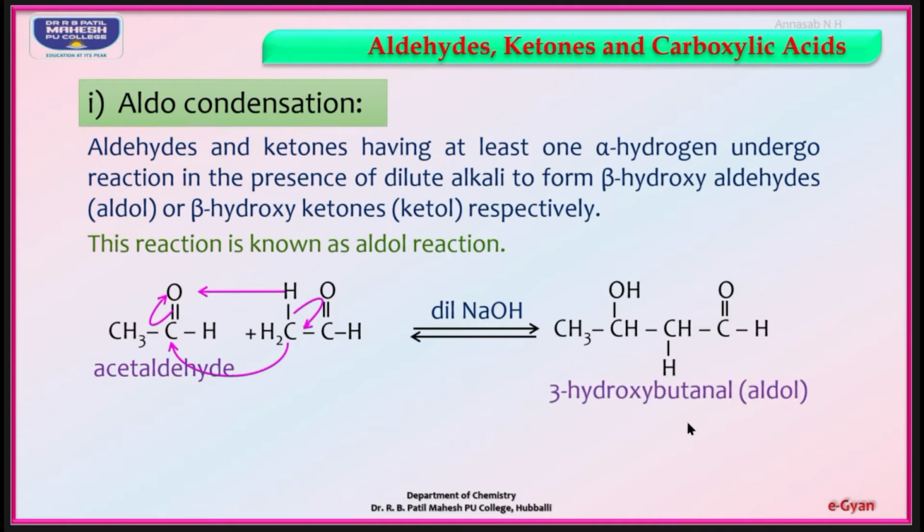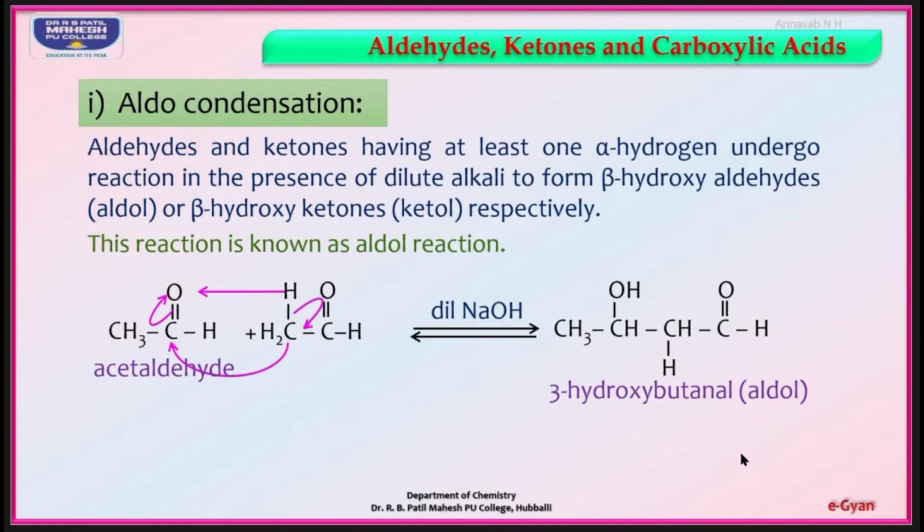Further, when this aldol is heated, it loses a molecule of water. The hydrogen atom of the alpha carbon atom and the hydroxyl group of the beta carbon atom lead to the formation of alpha beta unsaturation, or an alpha beta double bond, known as an alpha beta unsaturated carbonyl compound.